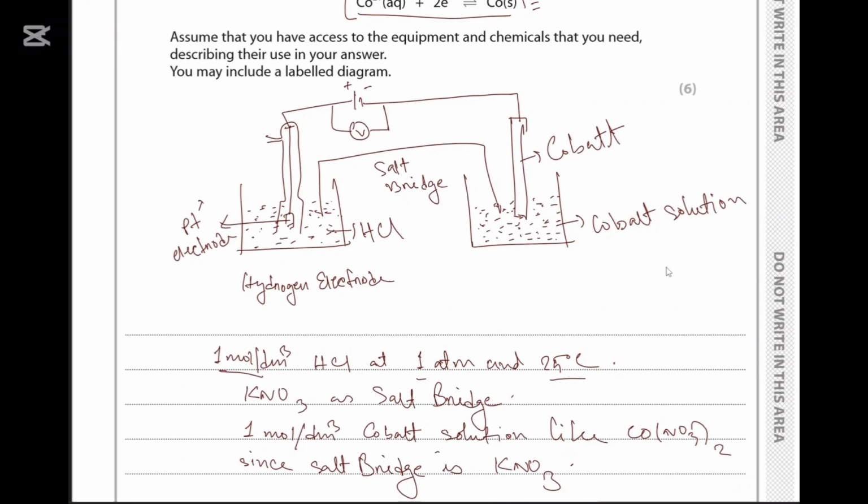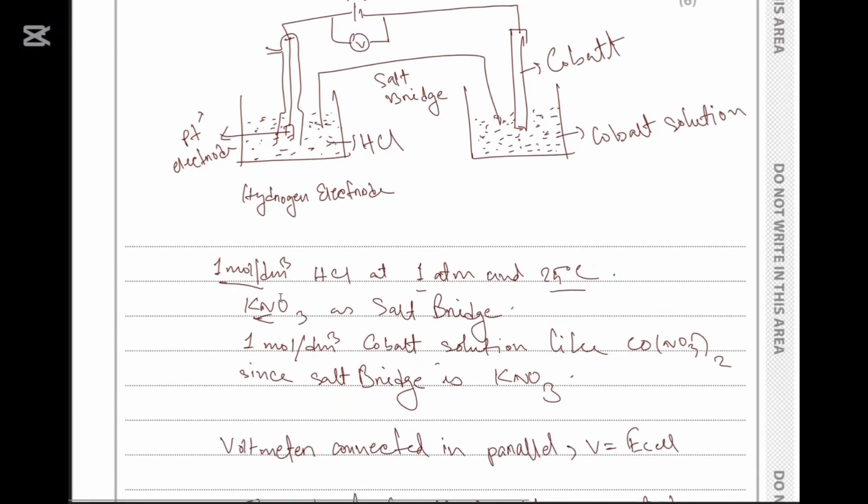The salt bridge could be KNO3. You can also use other compounds, but it's normal to use KNO3. Most of the time we use KNO3 or NaNO3, stuff like that. And then the cobalt solution should also be standard concentration, so 1 mole per cubic decimeter of cobalt solution.